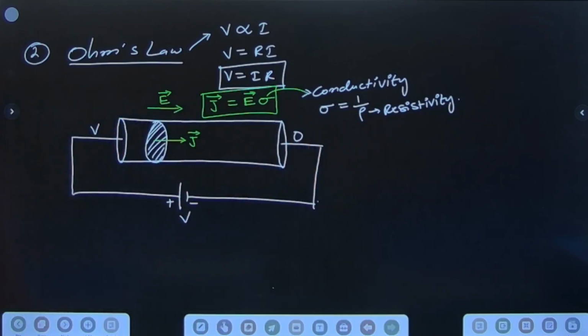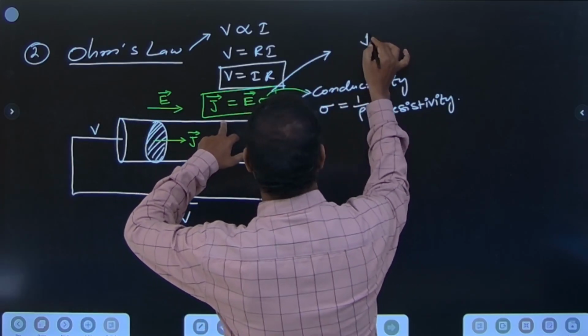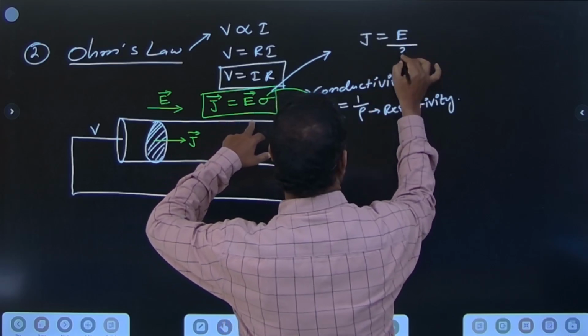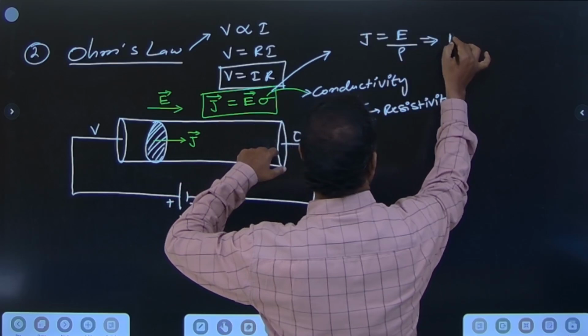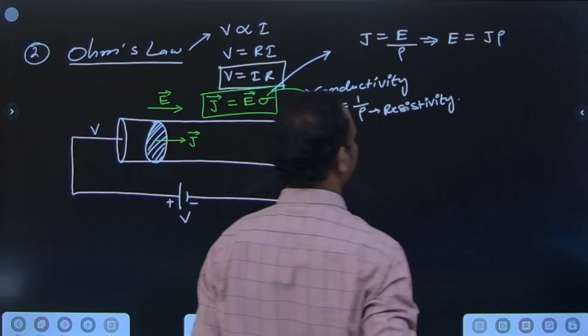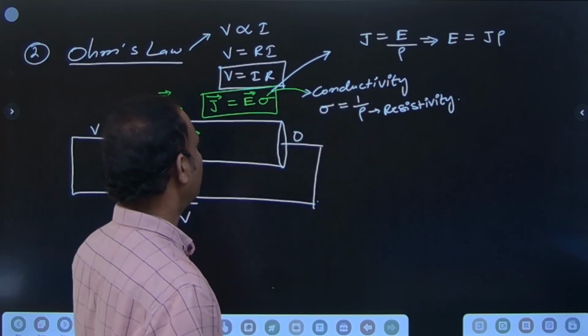Sigma is equal to 1 by rho. Next, J bar is equal to E by rho, so E is equal to J into rho. E means what? Electric field.